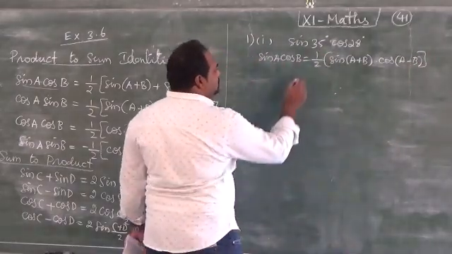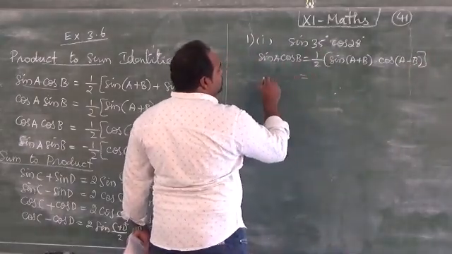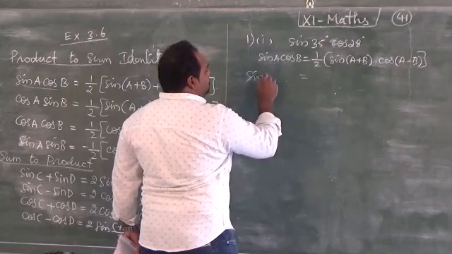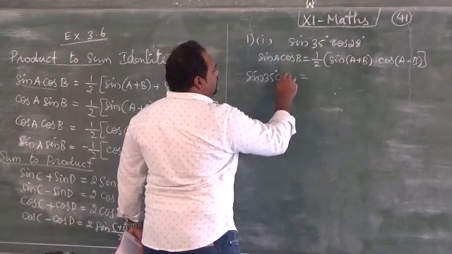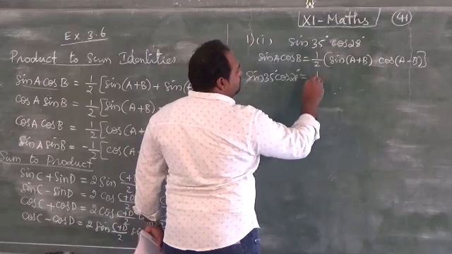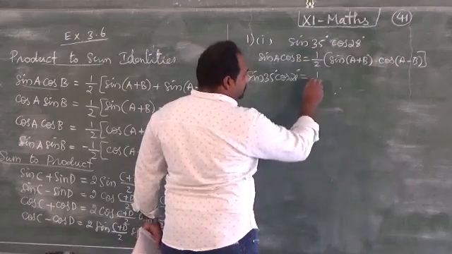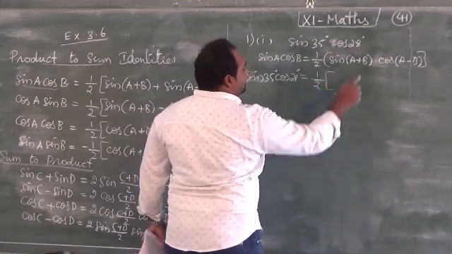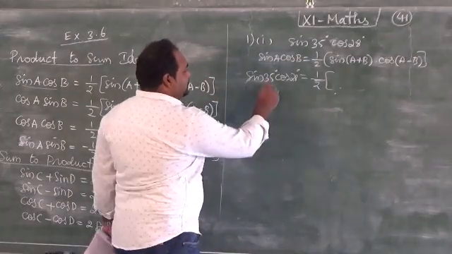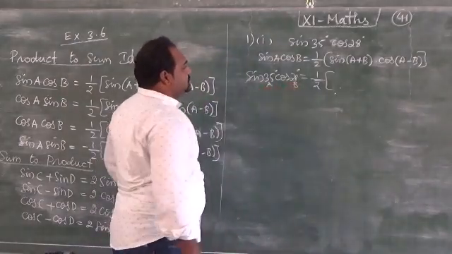So here sin 35 degree cos 28 degree can be written as 1 by 2 [sin(A plus B) plus sin(A minus B)]. Here A is 35, B is 28 degree.